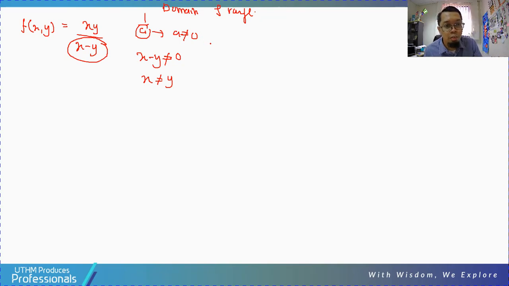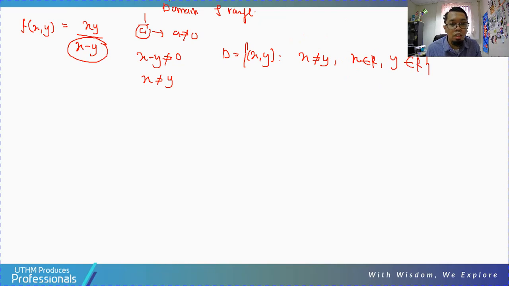So you write lah, domain equals x, y, where x must not be equal to y. So the domain ni x must not be equal to y. So the rest adalah domain value. So x is a real number and y is a real number. So all the values are in the domain except x equal to y. That's all. Okay, itu saja.